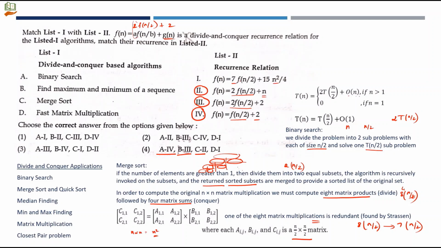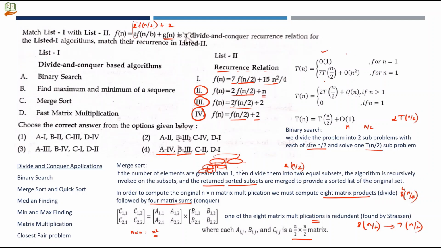Let's see the T of n part. 7 into T of n by 2, which is equating here correctly, and big O of n square is for addition, because multiplication followed by 4 matrix sums they have told. So this is addition, and this is equated to n square here. This is not exactly the equation. Actually, these are the recurrence relation, and this complexity is taken from Master's theorem.